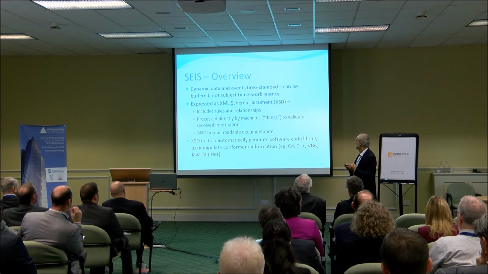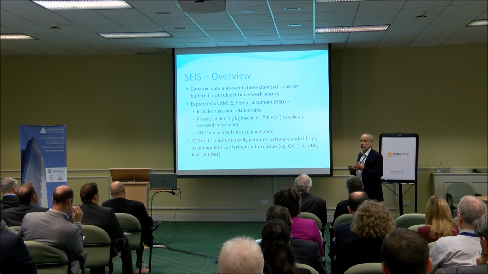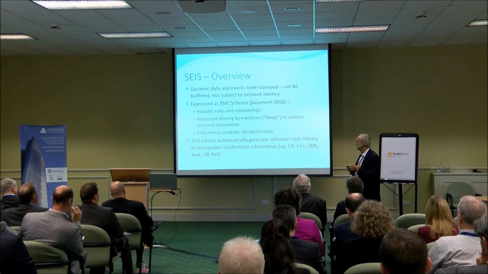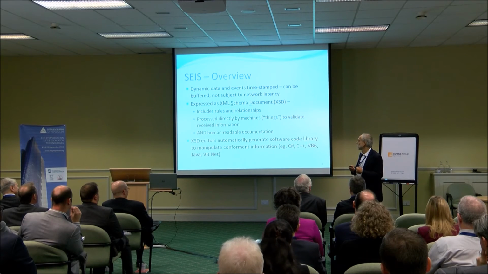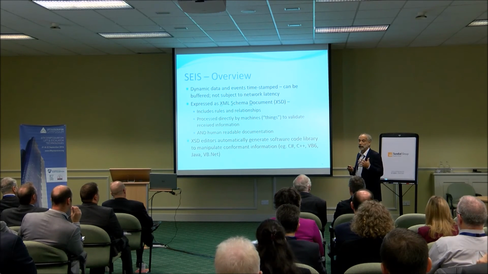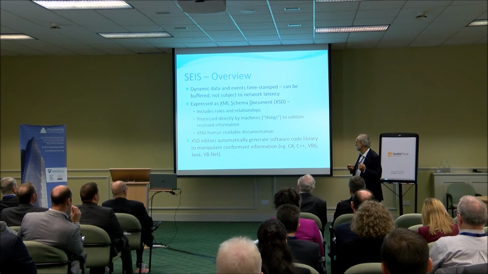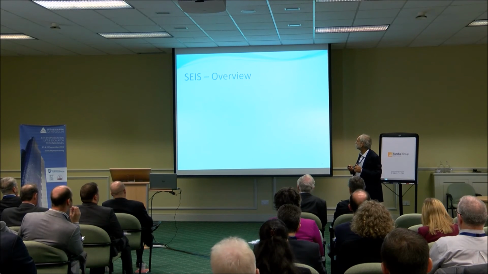Those are the things of the Internet of Things, to validate any information that is received. But it is also readable, so it provides its own documentation. And XSD editors can automatically generate software code to generate the data and to validate it in various languages.